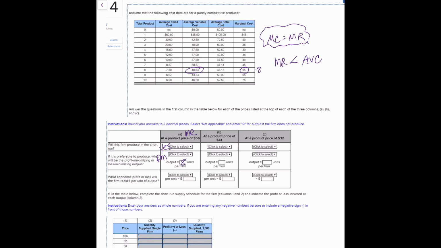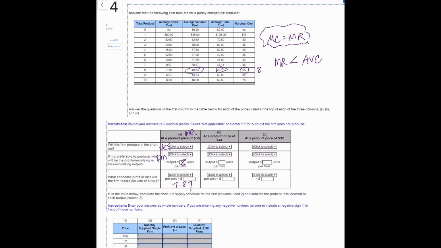The marginal revenue per unit is $56, and the average total cost is $48.13, so you're going to have a profit of $7.87 per unit. So that's where we got that value. And we can continue on and do the same thing for the other calculations here.